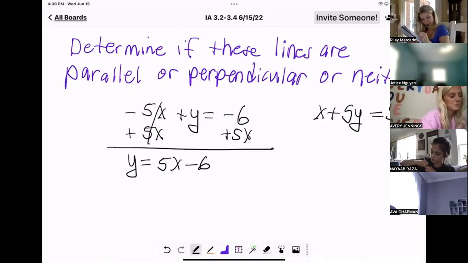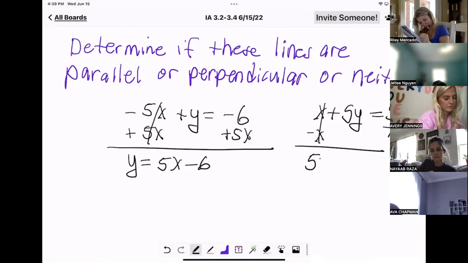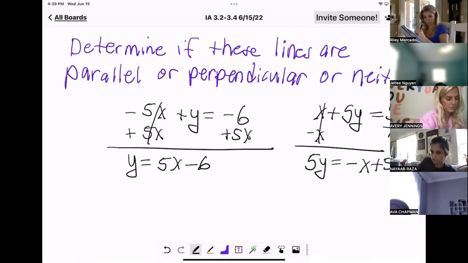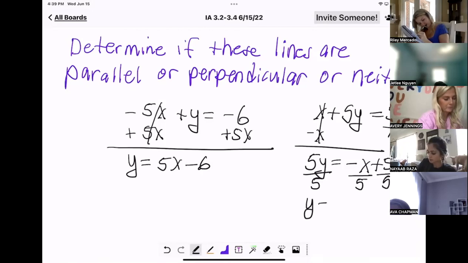Now I have to solve the second equation for y. I'm going to move the x over like I just did on the other one, and I get 5y is equal to negative x plus 5. Now you can put 5 minus x, same thing. I divide everything by 5, because I want to get y by itself. Y is equal to negative x over 5.